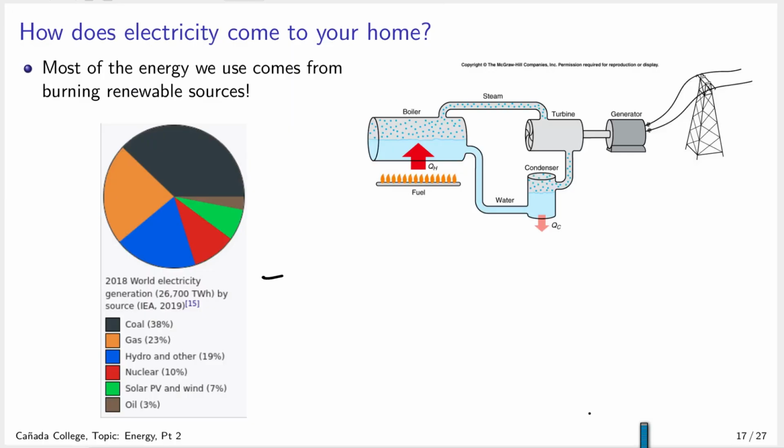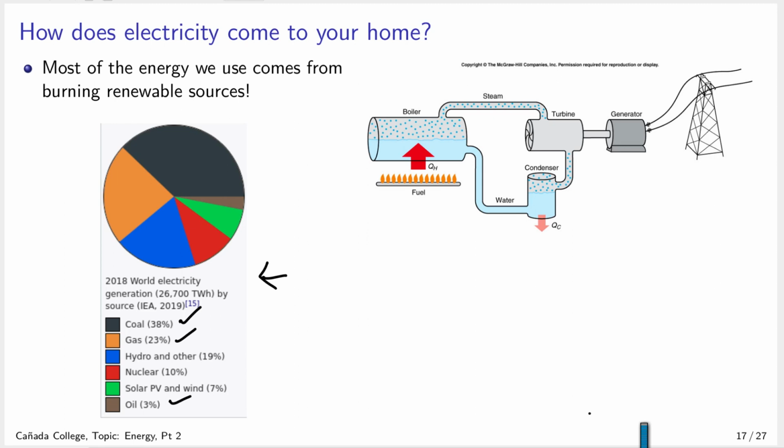Now, if I look at the fraction of the different sources of energy that generate electric power for our homes, we find that coal and gas and oil make up almost 70%, or close to 68% or 65%, of the total amount of energy.